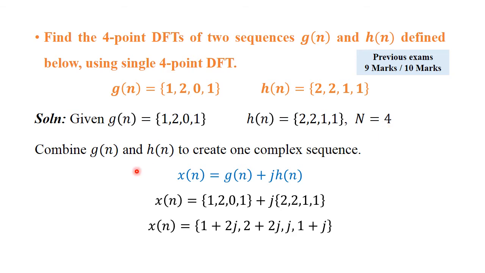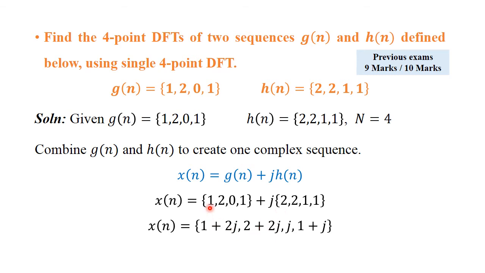Coming to the stepwise operation, our first step is to combine the sequences g of n and h of n to create one complex sequence x of n. That is done by x of n equals g of n plus j h of n. We know g of n and we know h of n, so we make a position-wise addition and get x of n.